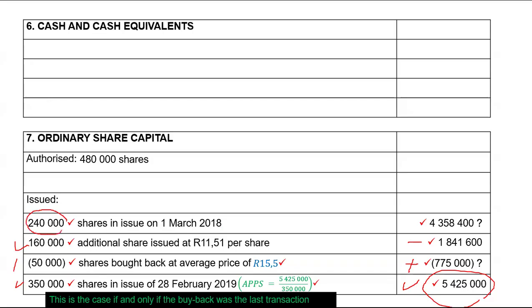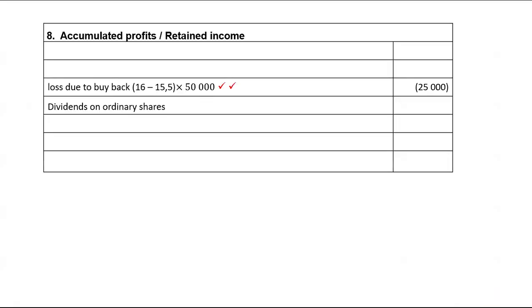So our interim dividends will be calculated on the number of shares that were in issue when those dividends were declared, which is the 240,000. Take it, multiplied by 35 cents, it will give you your interim dividends.